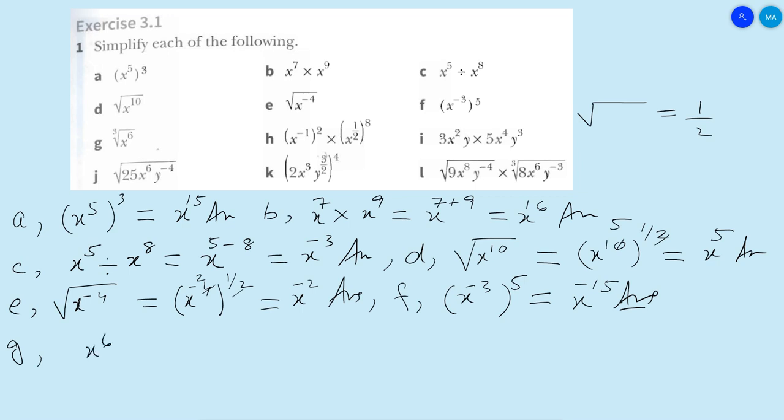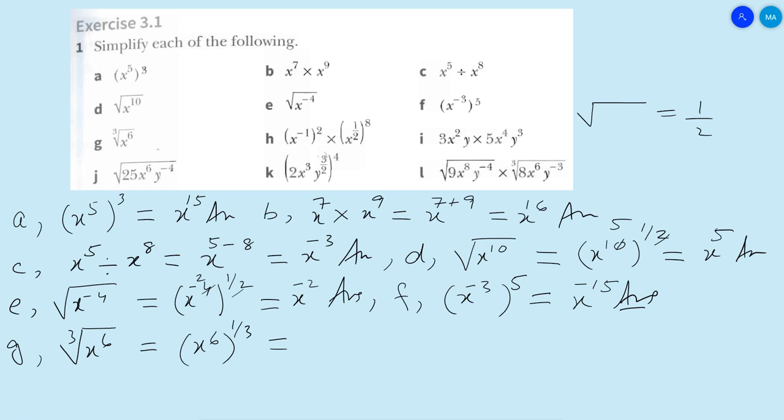x to the power 6 with cube root. Now this time you are seeing cube root. So if you replace this cube root, you should put 1 upon 3. If you see nothing, you have to put 1 upon 2.